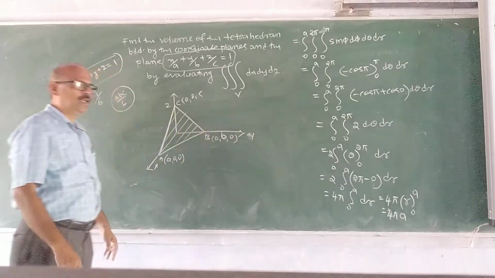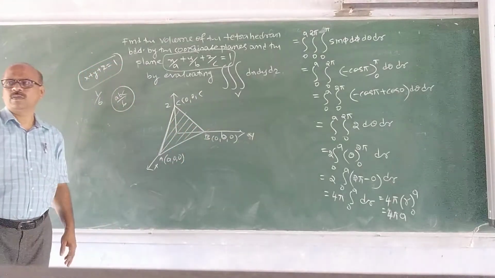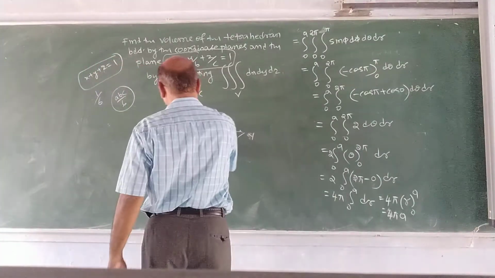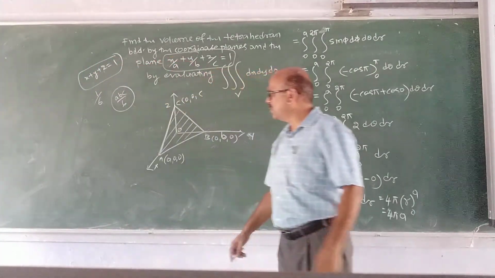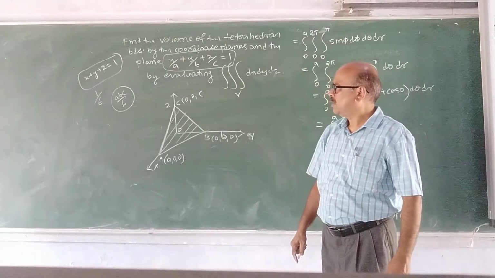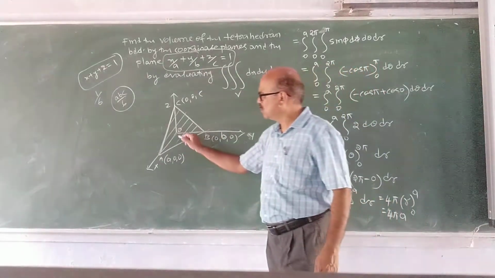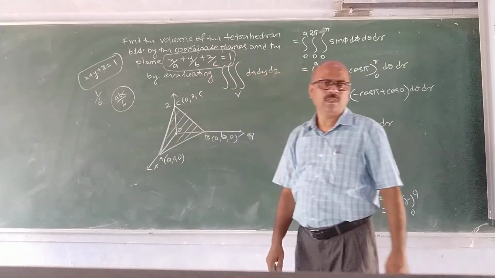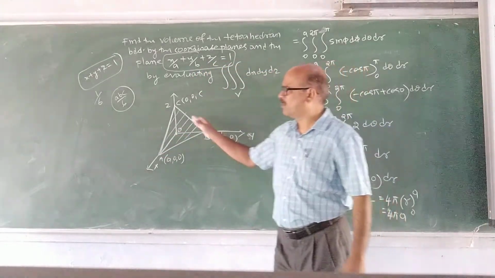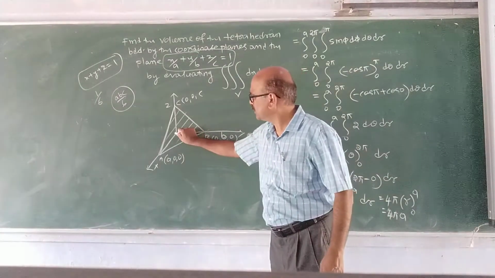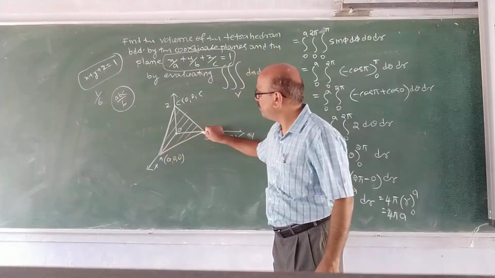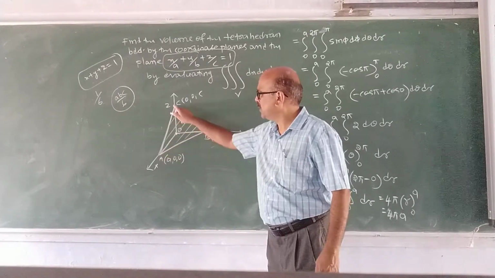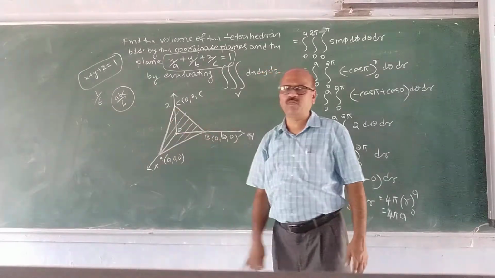Try to find this volume. What are the limits of integration here? For the triangle OAB, x varies from 0 to a. It is bounded by 4 triangular faces: one is OAB, and the others are OBC, OAC, and ABC.